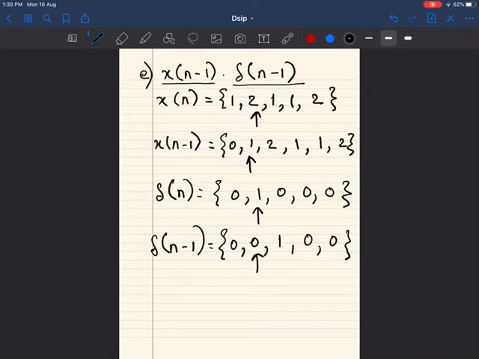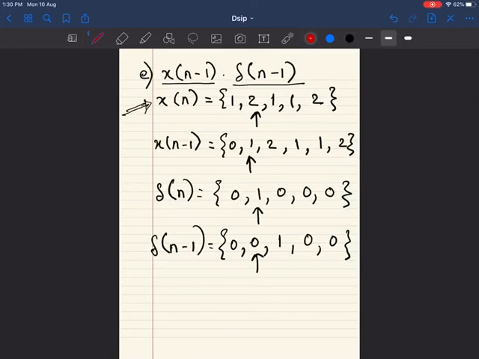Because my question has just 5 numbers, for my impulse function also I am just taking 5 values. I know that the rest of the values are 0, so they don't really matter. What matters is that I am performing the operations with the signal that is in consideration, which is nothing but my x of n.